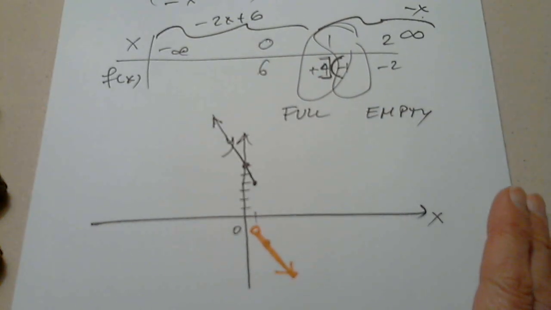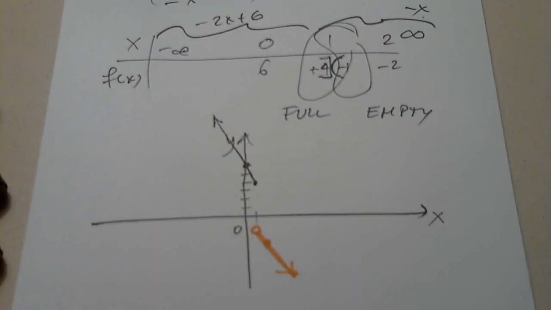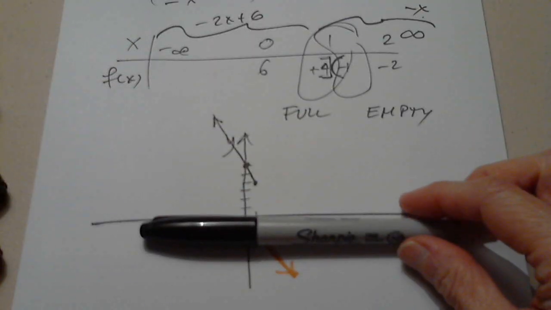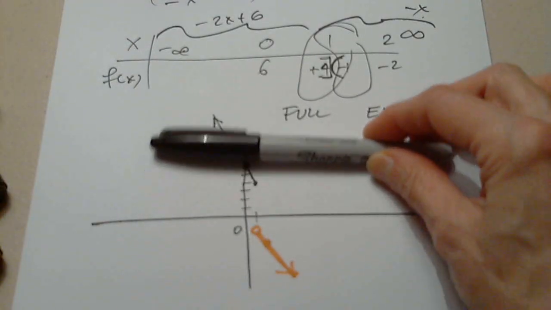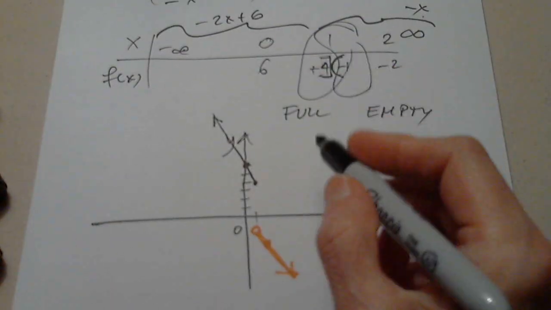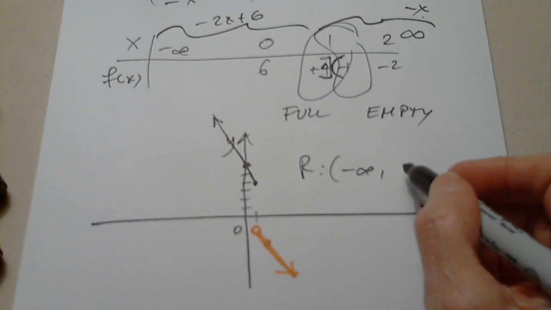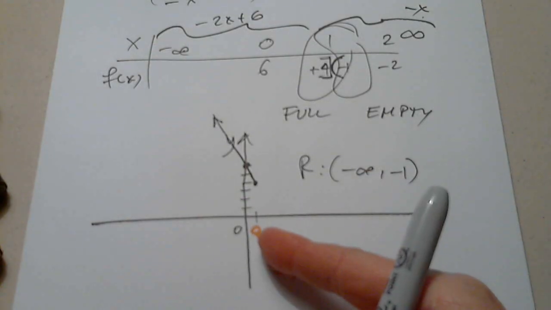Any questions, anybody, on this? Now, the table is there. The domain is very clear because it's right here. But what about the range? So again, the range goes from negative infinity to negative 1, up, it's a gap, and then from 4 to infinity. So the range of this function is negative infinity to negative 1 with a parenthesis.